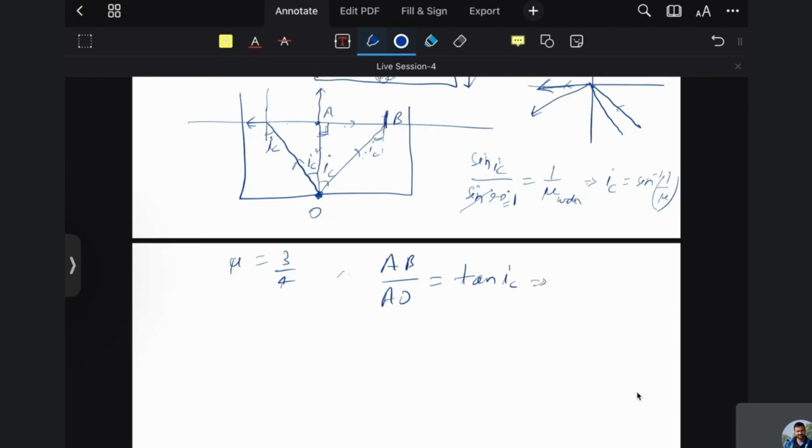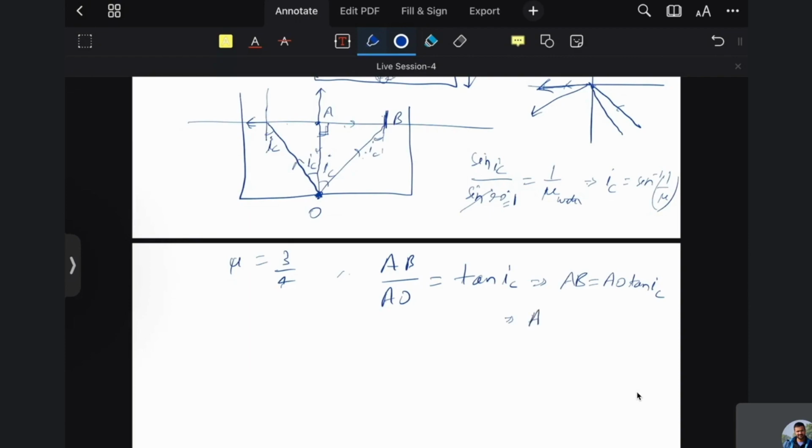Do you know this? So we can calculate AB is equal to AO tan IC.